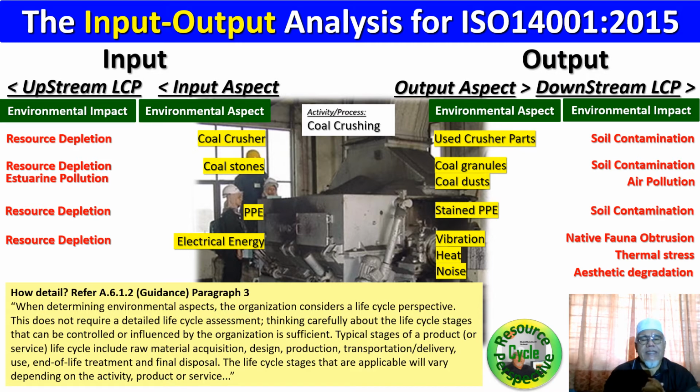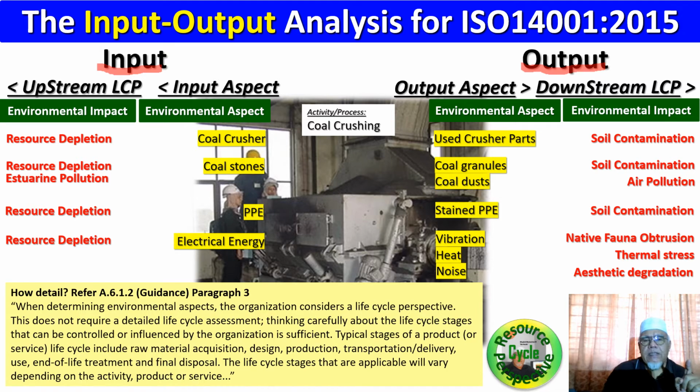When you want to identify your environmental aspects, please use this input-output analysis, which is derived from mechanical engineering studies. Now, if you could see here, this is the input part, and this is the output. This input is for us to identify all the environmental aspects that come in as input. Before that, what is an environmental aspect?